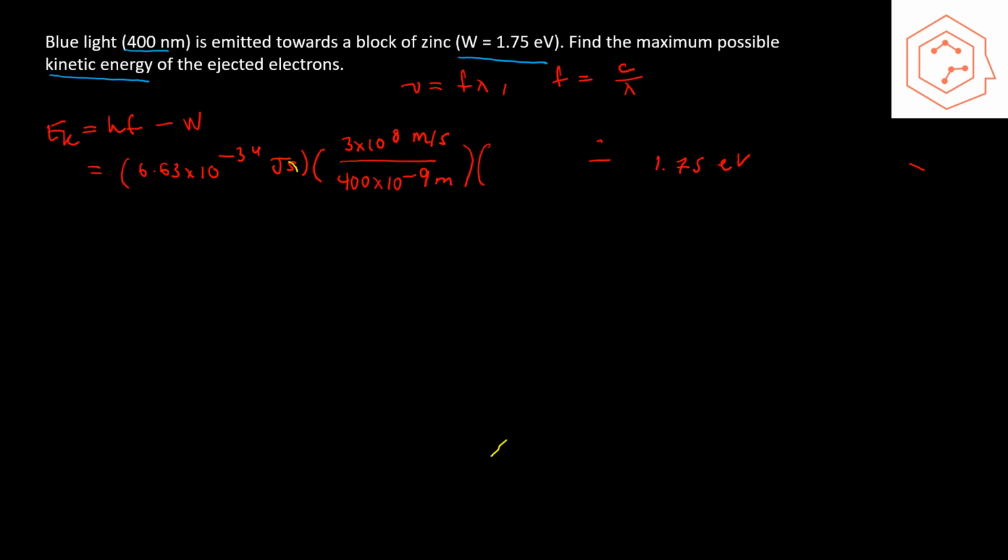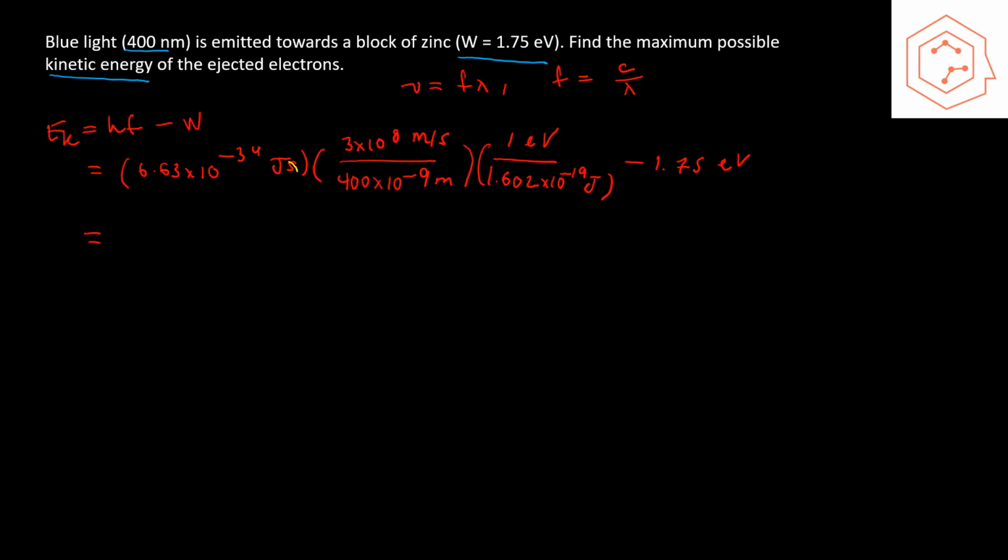And we know that we're going to get a small answer if we convert to joules, so we're going to go to electron volts. So 1 electron volt is equal to 1.602 times 10 to the negative 19 joules, minus 1.75 electron volts. So now our final answer is going to be in electron volts.